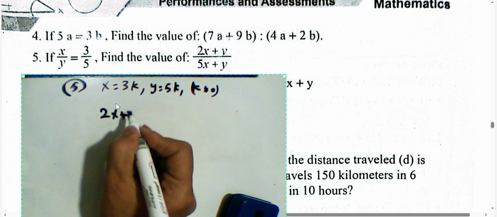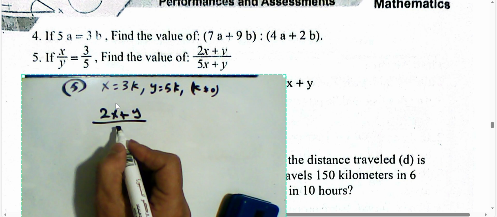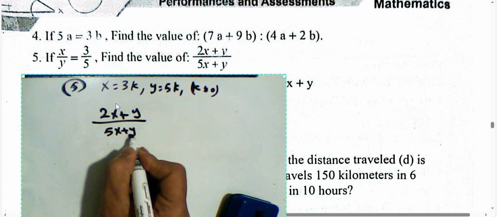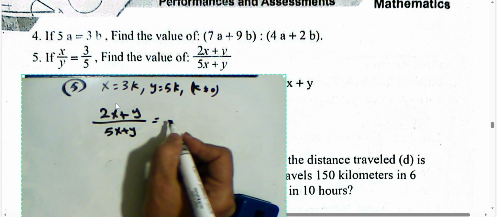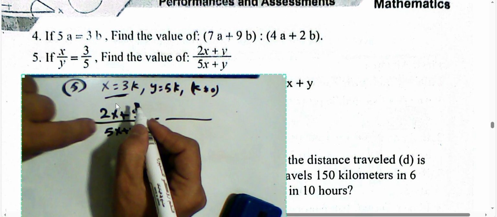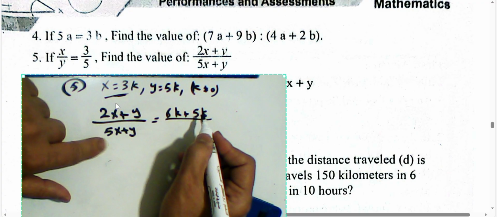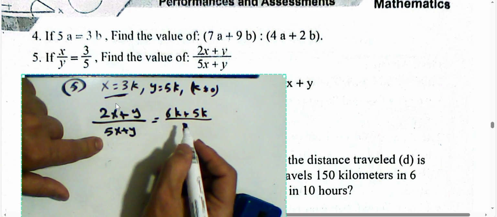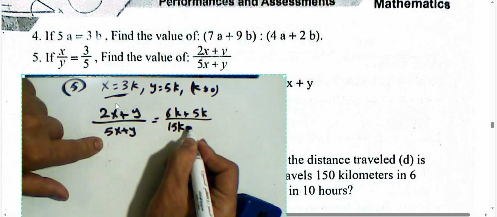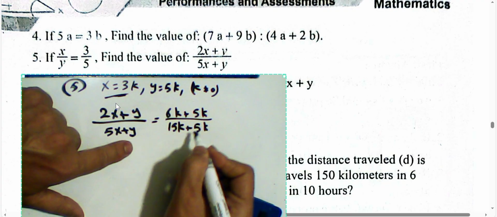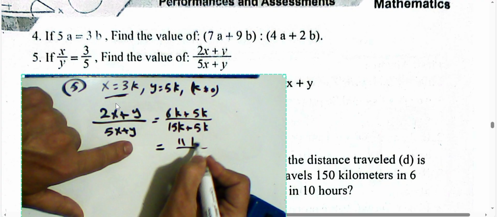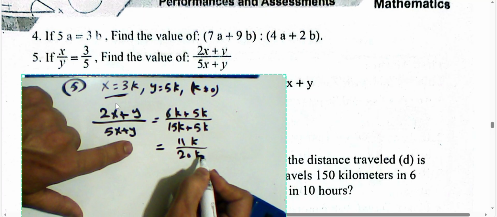So (2x plus y) over (5x plus y). 2 times 3 equals 6k, and y is 5k. 5 times x, 5 times 3 equals 15k, and y is 5k. 11k and 20k.